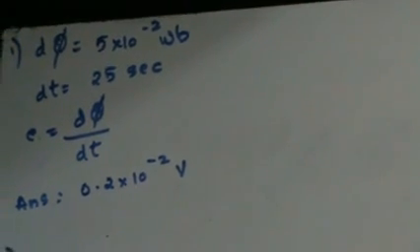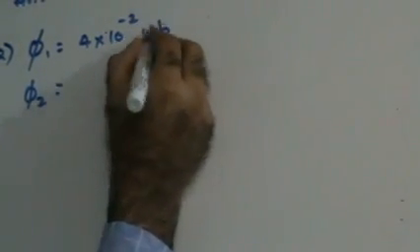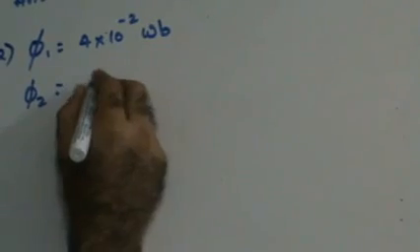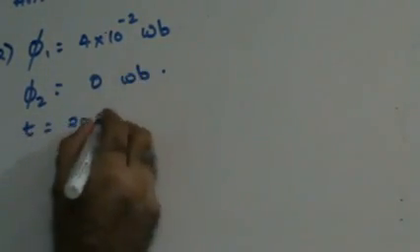Next, take down the next sum please. The flux associated with a coil changes from 4 into 10 raised to minus 2 Webers to 0 Webers in 20 seconds.